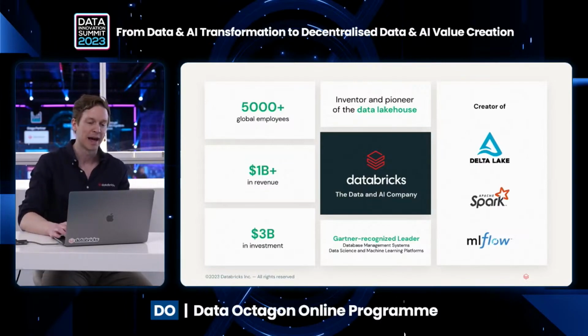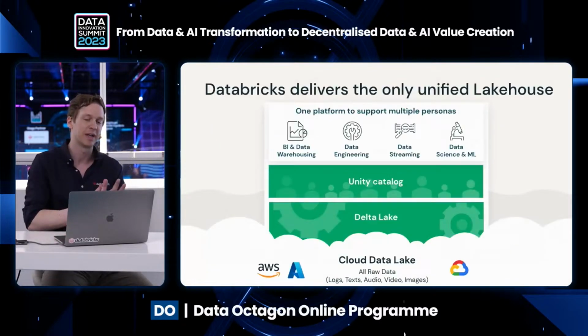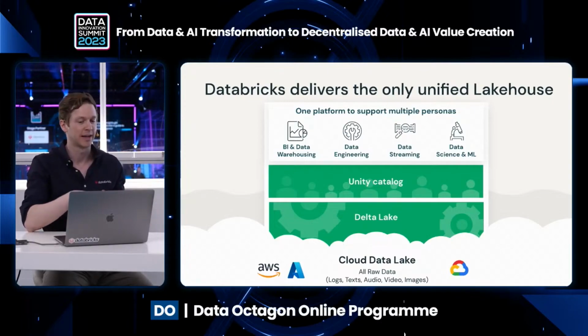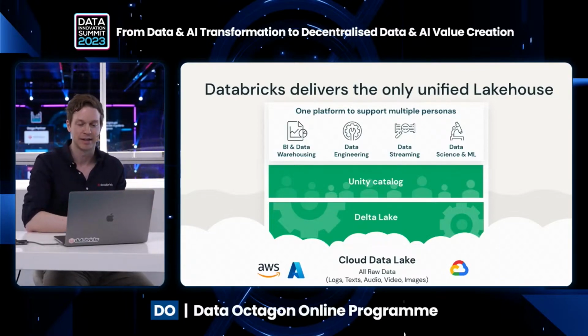And I mentioned the Lakehouse. What we mean by Lakehouse is that you use one unified platform for all use cases, from warehousing and data engineering to ML and streaming, and on all types of data, be it structured, semi-structured, etc. So basically having it all in one package here.